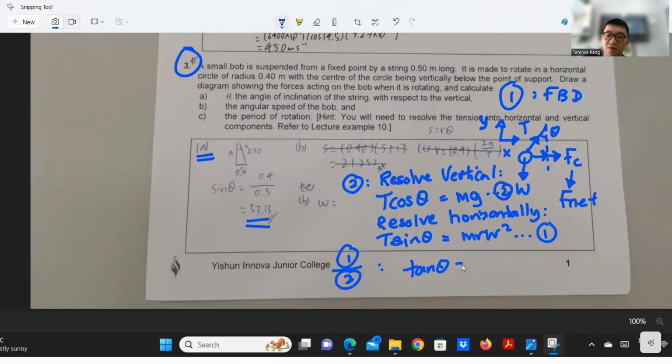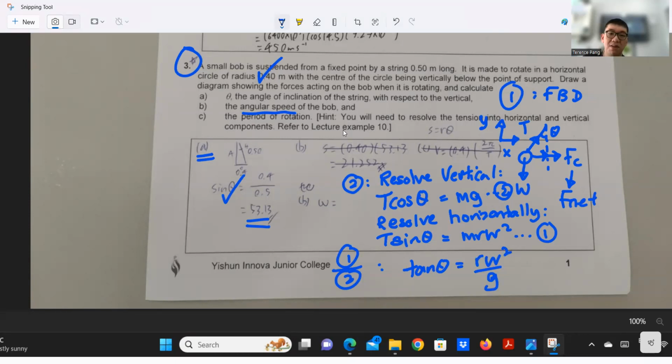I can cancel out my T, and my m cancels out as well. Then what am I left with? Can you solve this? You have your theta over here, your r is 0.4, your g is 9.81. You're only left with omega, which is the angular speed at the bottom that you need.